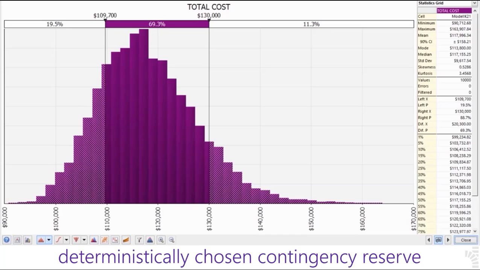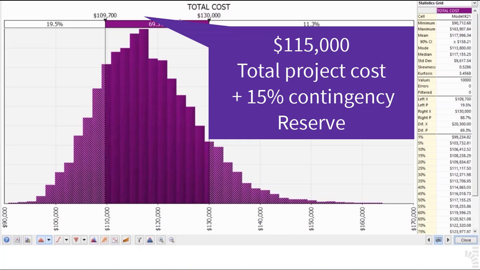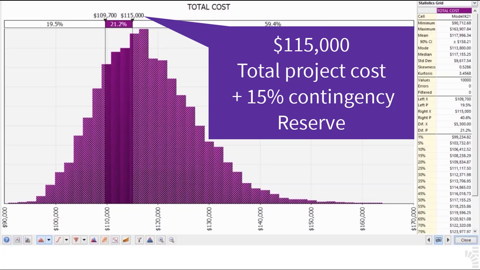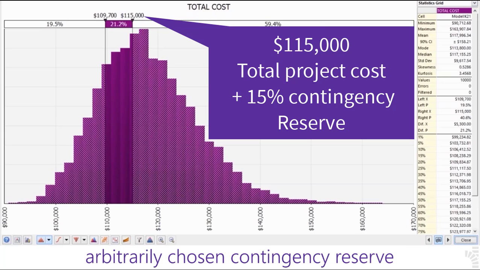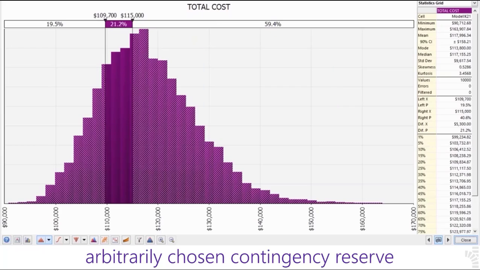On top of the right delimiter, change whatever value is on for $115,000. Recall that this amount stands for the total project cost with the addition of an arbitrarily chosen contingency reserve as a percentage added to the total activity costs.